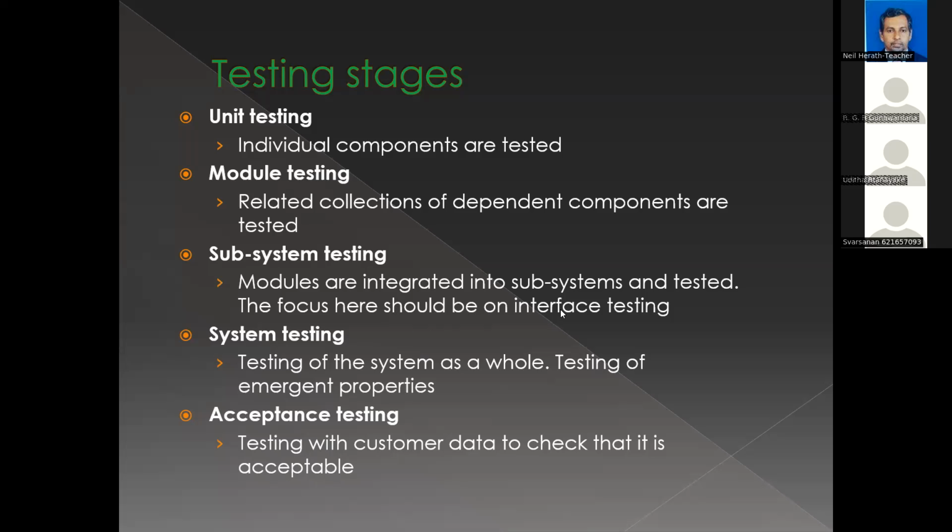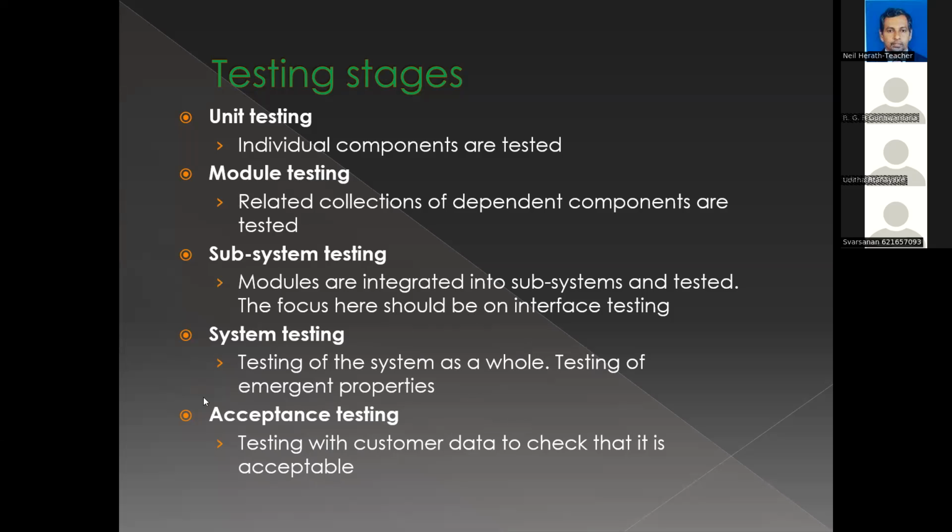Here the focus should be on interface testing. And when we say system testing, that is testing the system as a whole. And we already discussed what acceptance testing is.